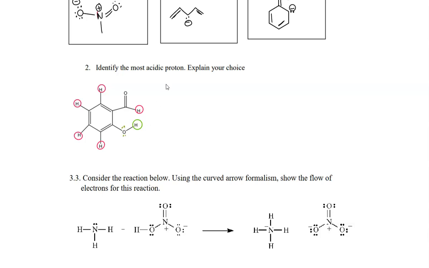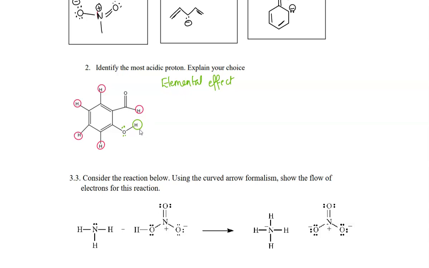So this phenomenon is called the elemental effect. That means to which element hydrogen is connected matters. If it is connected to a more electronegative element, that hydrogen or proton is more acidic than the proton that is connected to a less electronegative element. So by that reasoning, the hydrogen that is circled in green will be the most acidic proton.